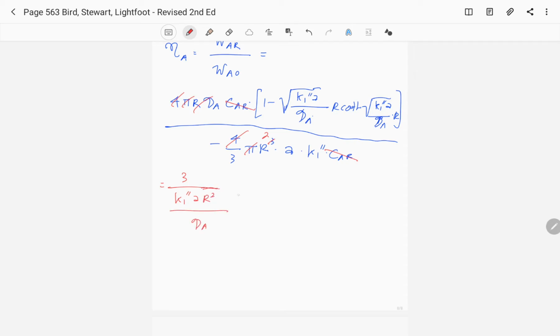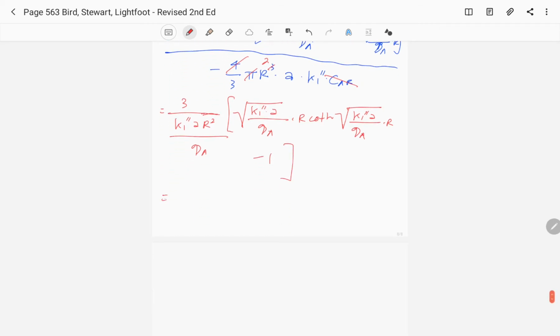divided by dA, and this will be multiplied by root square of K1, this will be a cotangent hyperbolic of A divided by dA R minus 1, or this can be defined in terms of these variables.